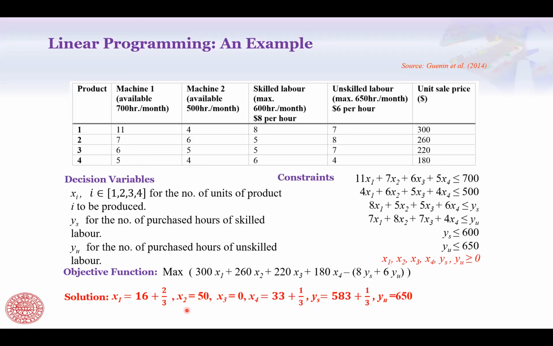But the real problem might be, let's say you round up this one, then you exceed the quota for X1, product one, and very likely you make the solution not feasible because you exceed the 700 hours boundary.